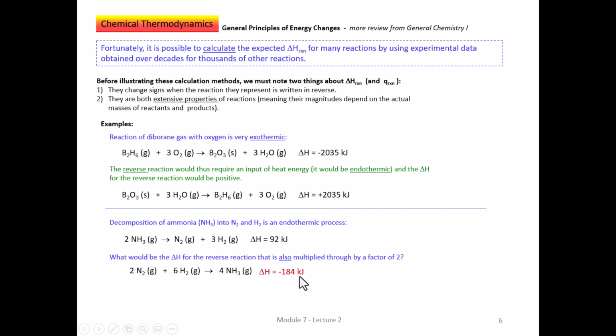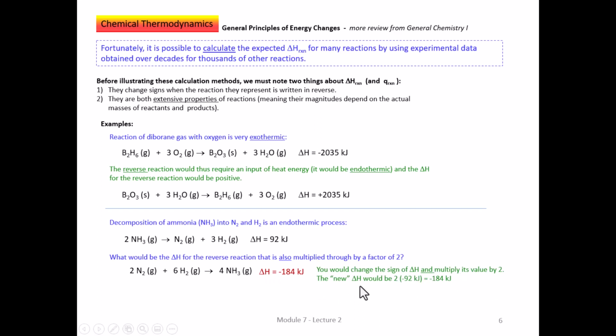Why? Well, we reverse the reaction, so we change the sign, but we also have to multiply deltaH through by 2 because we multiplied everything in the reaction through by 2. Because remember, deltaH and Q are extensive properties. So the more material that you're dealing with, the more heat flow that you're dealing with. So you would change the sign of deltaH and multiply its value by 2.